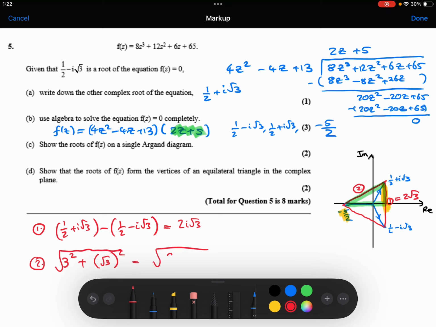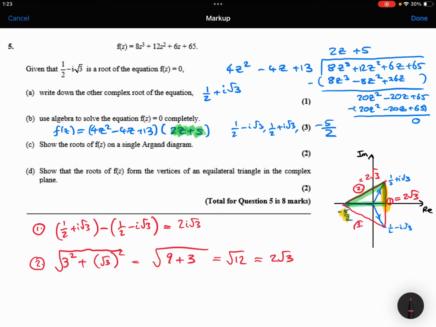So we'll have 3 squared is 9, the root 3 squared is just 3. So that's root 12, which is the same thing as 2 root 3. Side length 3 will be exactly the same as that by symmetry. Therefore, we have an equilateral triangle with side length 2 root 3.